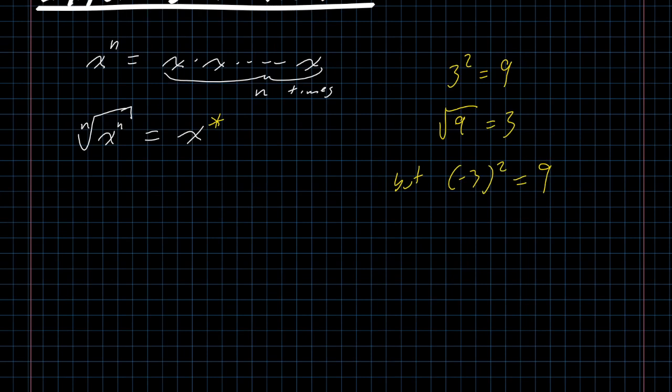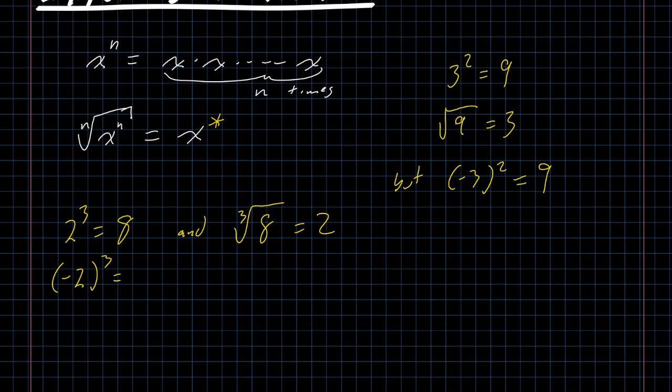How about the 2 cubed is 8, and the cube root of 8 is 2. Negative 2 cubed, well, negative 2 times negative 2 is positive 4.